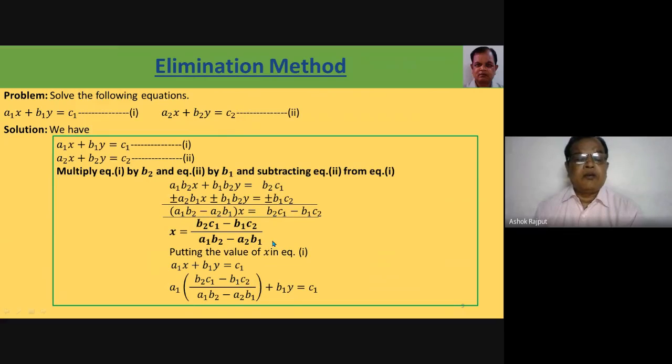Now we have found the value of x, so this value we will put in the next equation. You can take any equation, first or second. So putting the value of x in equation 1, a1x plus b1y equals c1. In place of x we have written b2 c1 minus b1 c2 by a1 b2 minus a2 b1, and it is a1 already here, plus b1y equals c1.